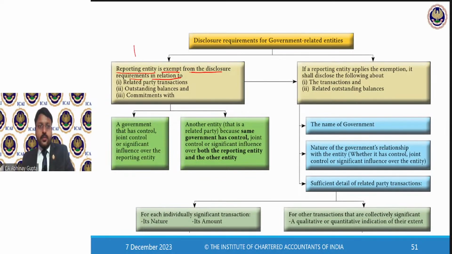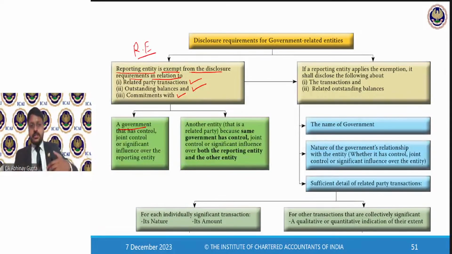So, the reporting entity for which we are preparing the financial statements will be exempt from the disclosure requirements of this standard in relation to what? Related party transactions, outstanding balances, and commitments with a government.